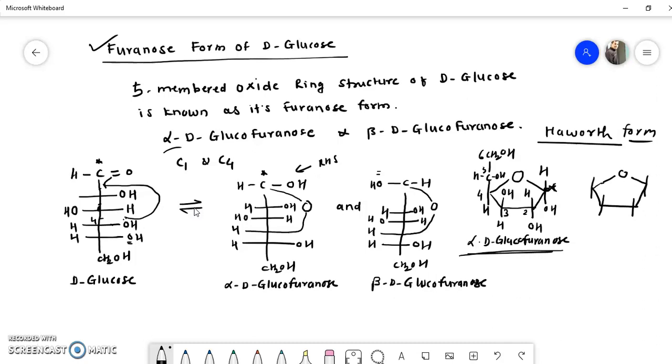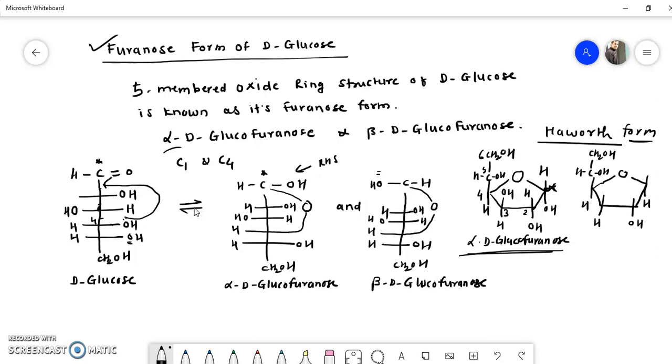Now similarly we can draw the structure for beta D glucofuranose. So just write down the groups which are on right hand side below the plane. So here will be H. Okay, here will be OH, H, H, here will be HCOH and CH2OH.